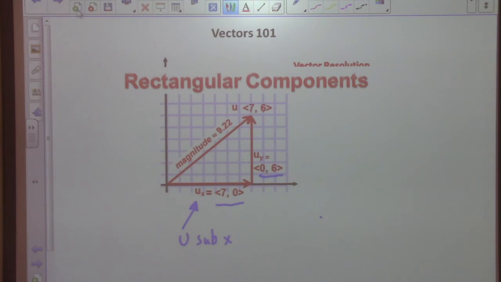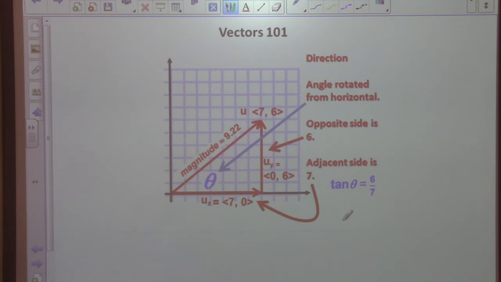Okay, next. Now, you can consider this vector here, vector u, as a line segment rotated up from the origin, can't you?